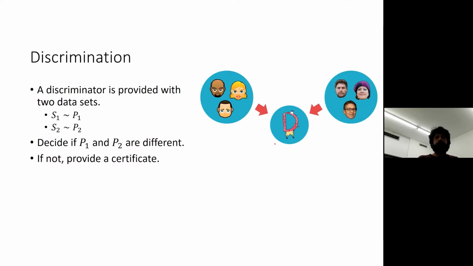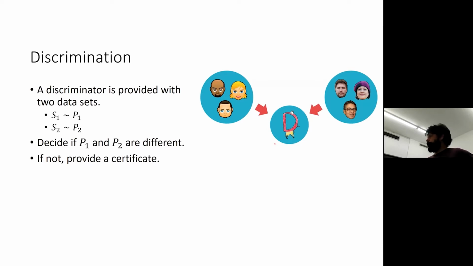And what the discriminator needs to do is decide if the two distributions are distinct or whether it's the same distribution. And we would also probably want that if the discriminator says they are distinct, it should provide some sort of a certificate. Or in other words, it can itself be the certificate.